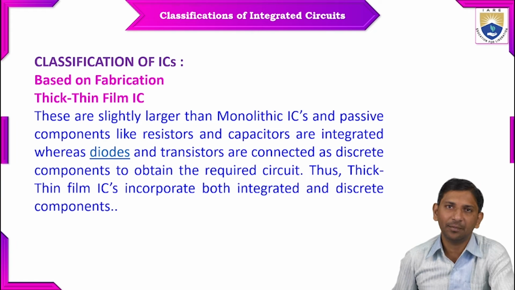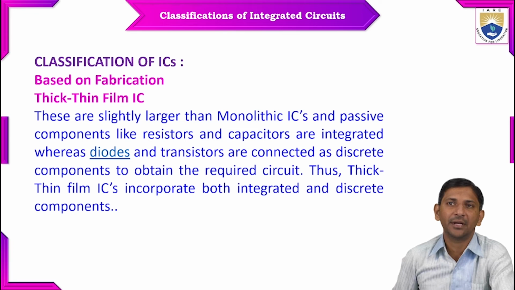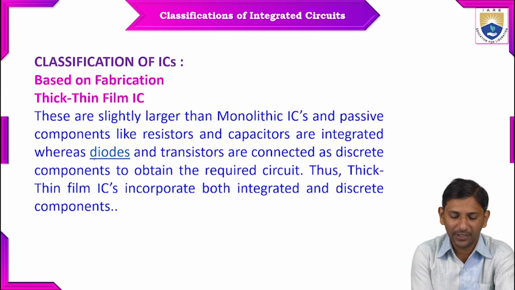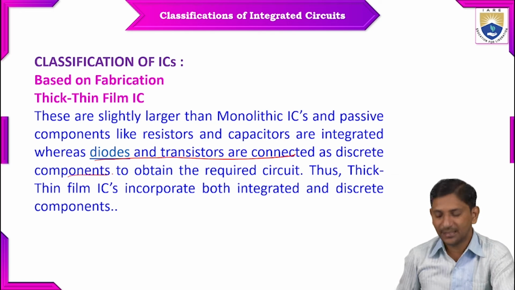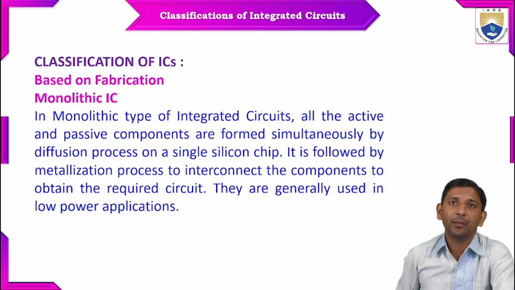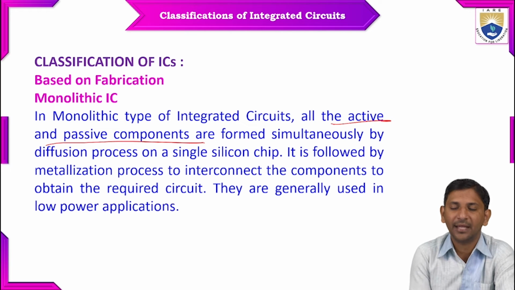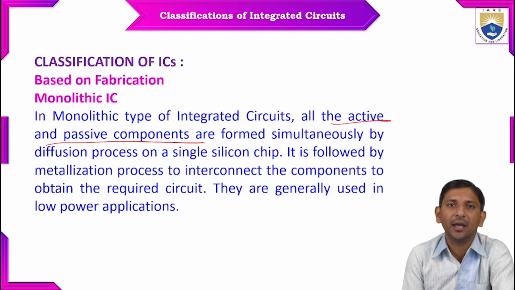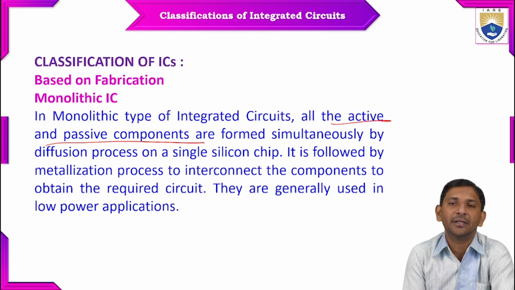Thick and thin film is only one type of fabrication-based IC, where we use diodes, transistors, and discrete components. In monolithic ICs, we use active and passive components, nothing but resistors, transistors, diodes, capacitors, etc. We make a single circuit and dump it into a single chip.